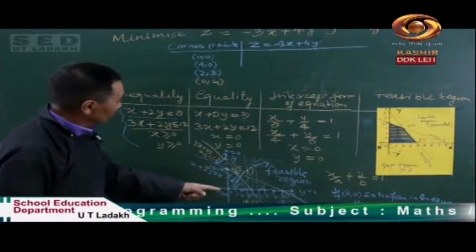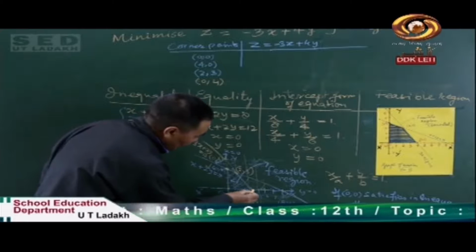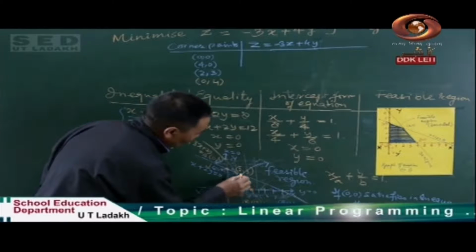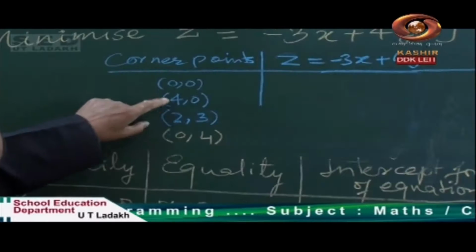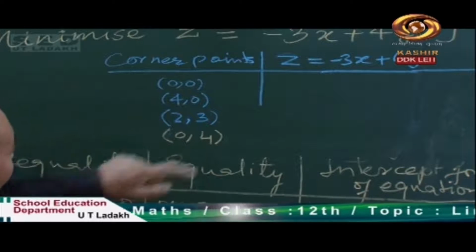The corner points are (0, 0), (4, 0), (2, 3) and (0, 4).